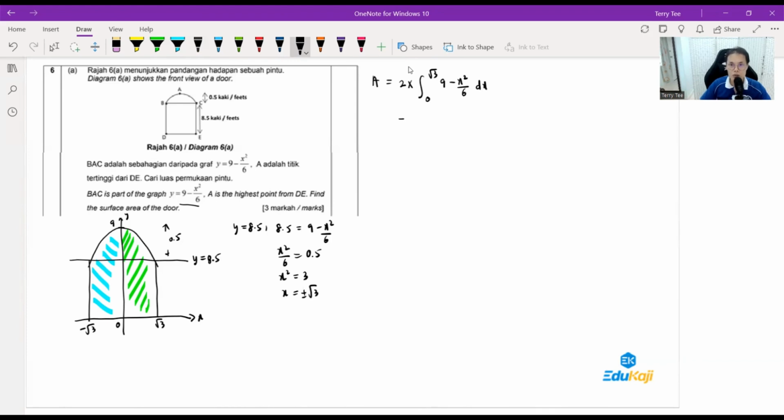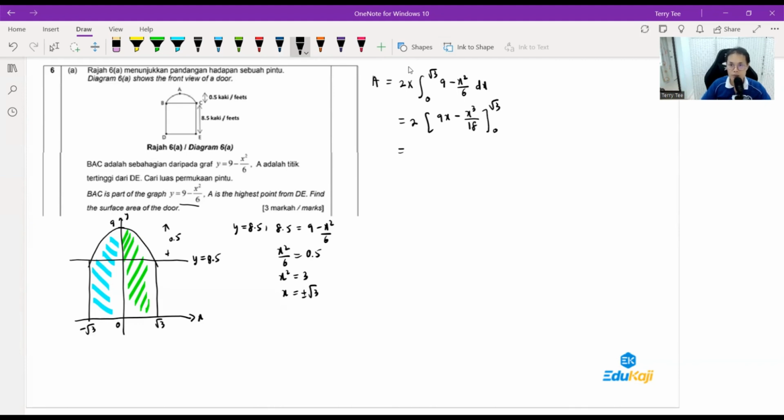I'll leave the 2 outside. When you integrate 9, you get 9x. When you integrate this, you get x power 3, and there's a 6 here, so you multiply by 3. We can write this as 18. Lower limit 0, upper limit root 3.